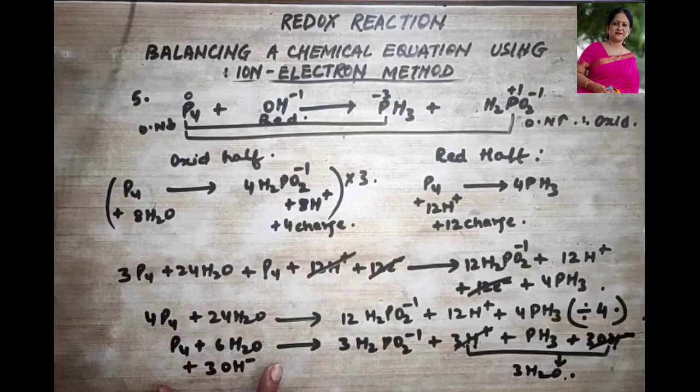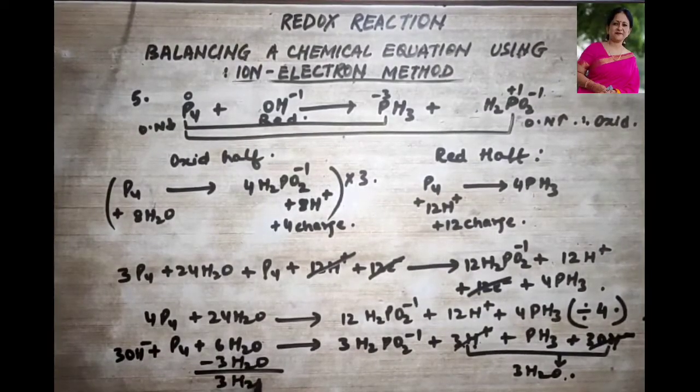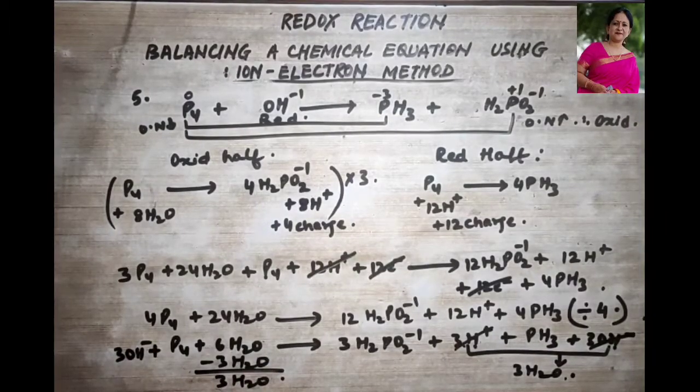Now let's come to this side. These 3 water molecules can be removed from the 6 water molecules that are present over here. So I'll just rub this and write it down over here somewhere, plus 3 hydroxyl ions. Okay, so 3 water molecules were formed, so I'll bring it this side. This becomes minus. So how many water molecules now? 3 water molecules this side. So let's write down this reaction once again.